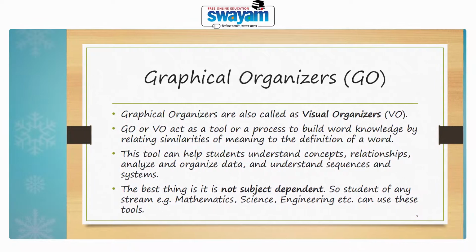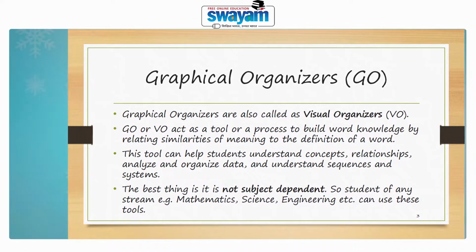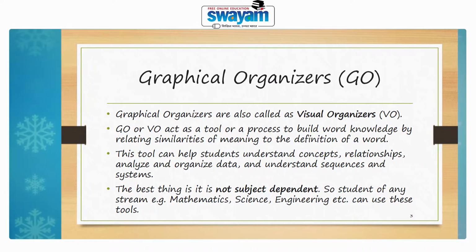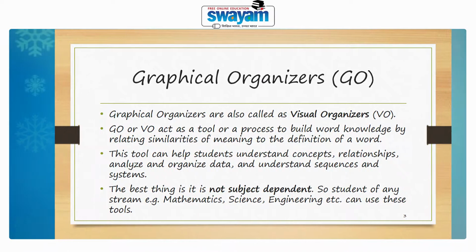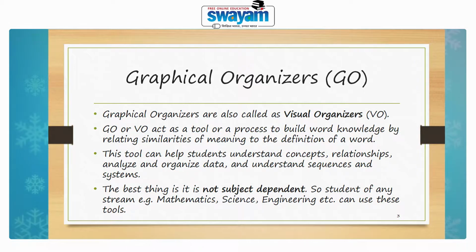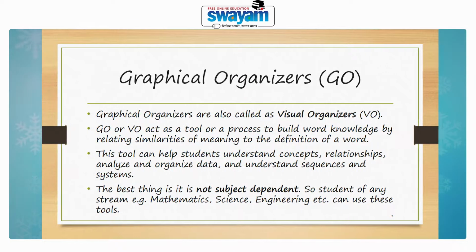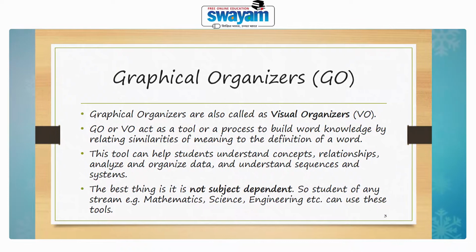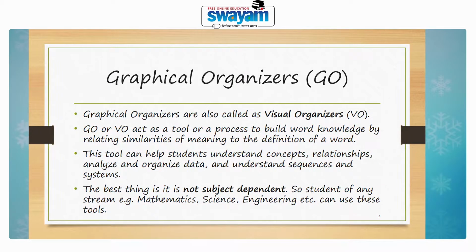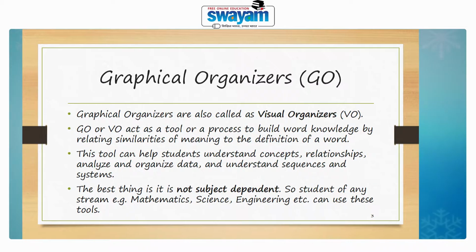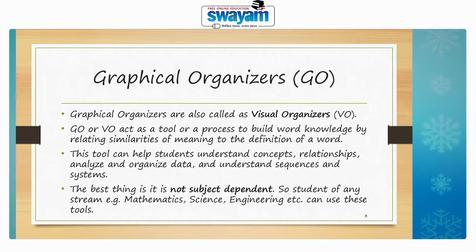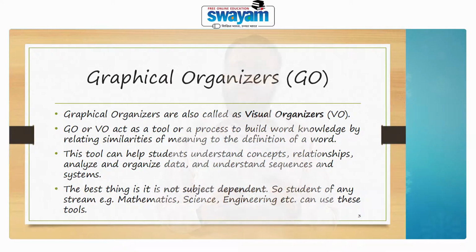This tool can help students understand concepts, relationships, analyze and organize data, and understand sequences and systems. The best thing is it is not subject dependent. So, students of any stream, for example mathematics, science, engineering, etc., can use these tools effectively in their day-to-day life.